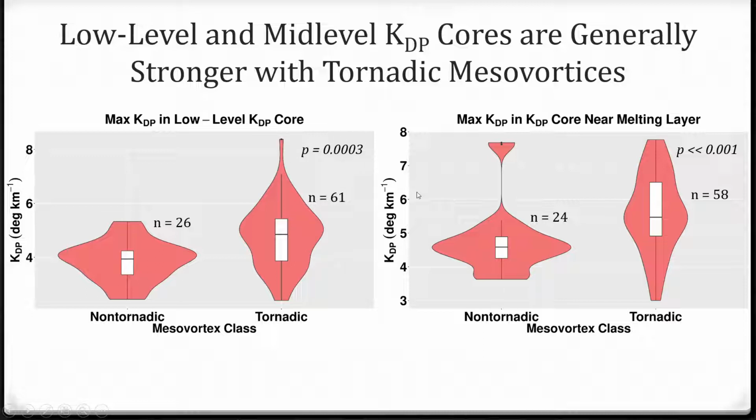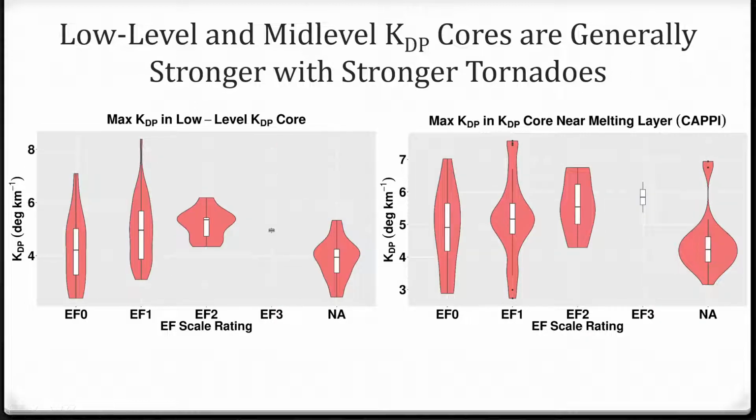So same idea on the right, but this is the mid-level KDP core, or the one near the melting layer. And once again, we can see a good separation between the distributions of tornadic and non-tornadic mesovortices. And similarly, we see that the low-level and mid-level KDP cores are generally stronger with stronger tornadoes. Now, when we grouped EF0 and EF1 together, and EF2 and EF3 together, we didn't see a statistically significant difference between the two.